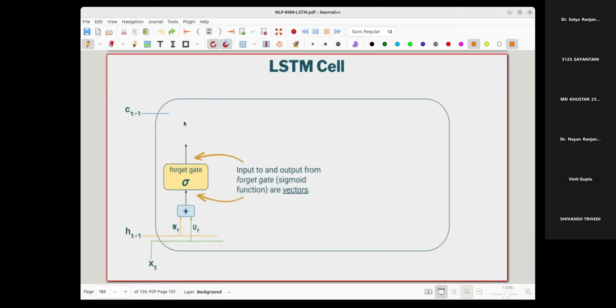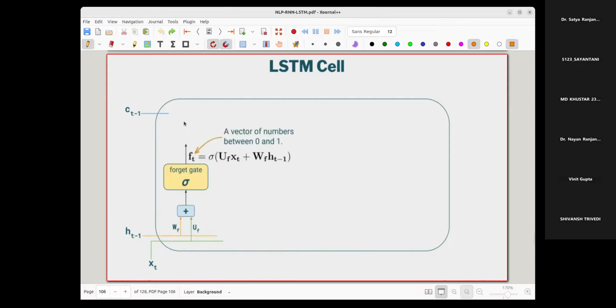The input and output of the gate are vectors passed through a sigmoid function, which gives you values between 0 and 1. That means it acts like a mask to remove information from the cell state.